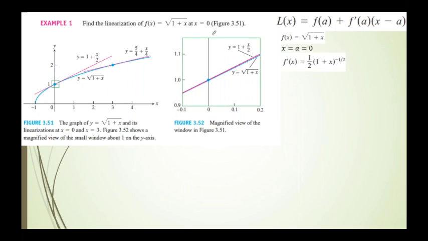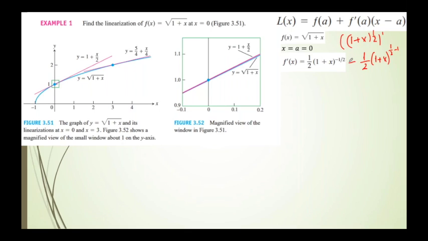Next, we need to find the derivative of the function. Since we know that, we can write this function as 1 plus x to the power 1 over 2. And its derivative will be, this power will come in front of the expression, and it will be 1 over 2 times 1 plus x to the power 1 over 2 minus 1.